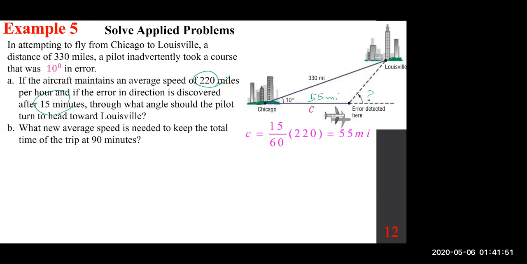And in order to find this angle, we can find this one and subtract from 180.